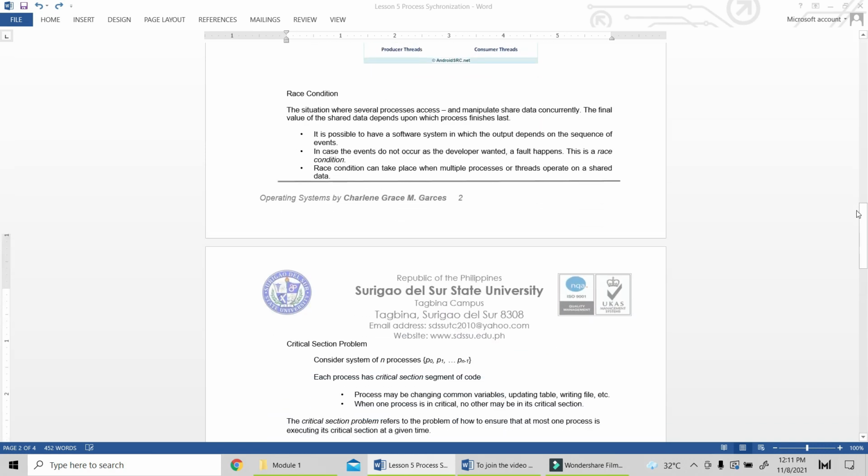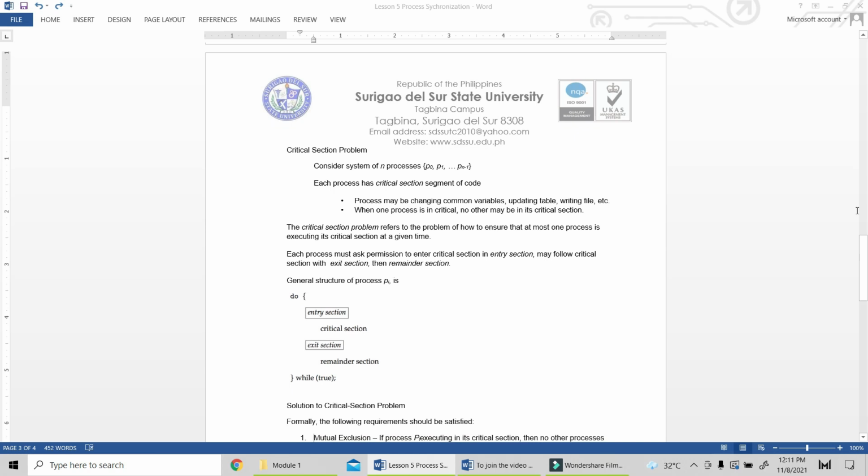And we also have a critical section problem. So a critical section problem concerns a system of n processes, like process 0, process 1, or process 2.